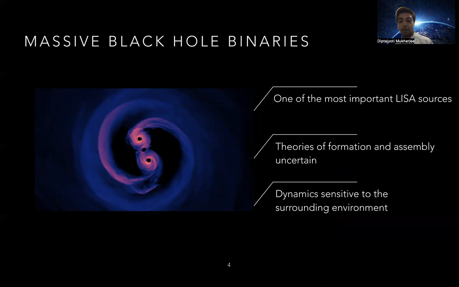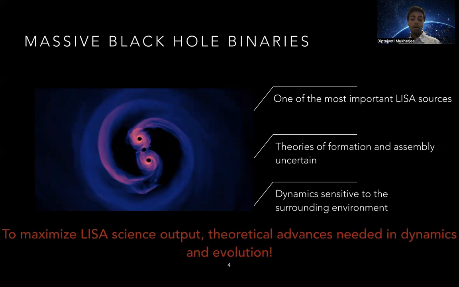So we hypothesize that by detecting the gravitational waves from such objects, we can astrophysically interpret what's going on inside the galactic bulge and galactic environments, because the dynamics of these binaries is so sensitive to the environment in which they're embedded. Thereby, in order to maximize LISA science output in the next couple of decades, we need a better understanding of how these objects evolve and how these objects merge over time.